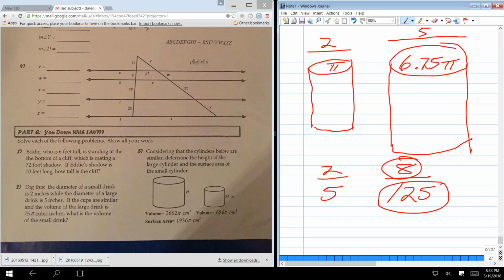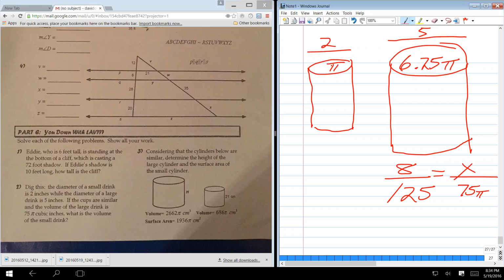So if this is my volume relationship, and they're telling me that the volume of the big cup is 75 pi, that's the volume of the little cup. That makes sense.